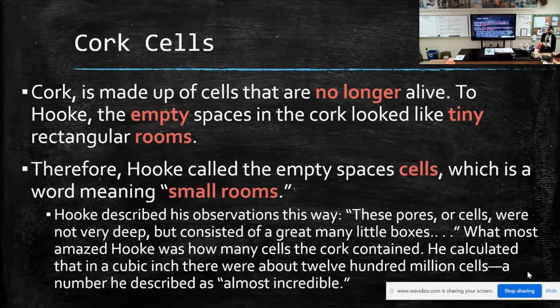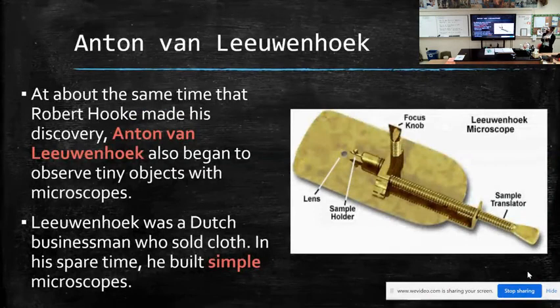Okay? So the next person to look at cells around the same time as Robert Hooke was Anton van Leeuwenhoek, and he made observations of tiny objects with microscopes as well. So this was his microscope setup in the picture.